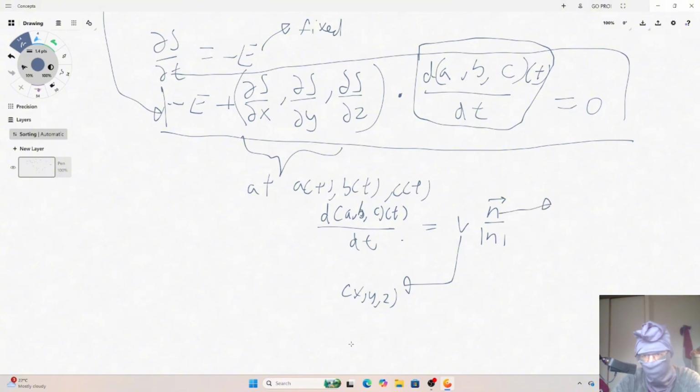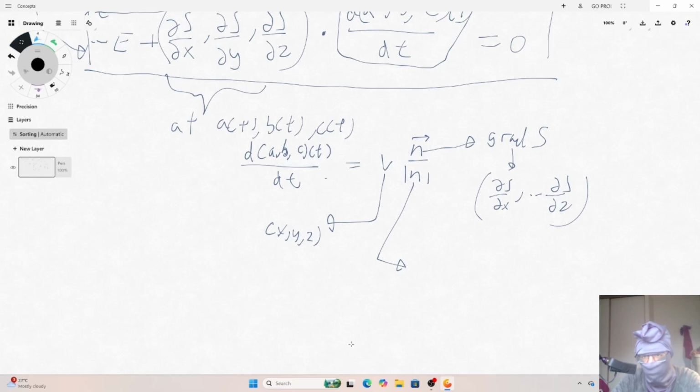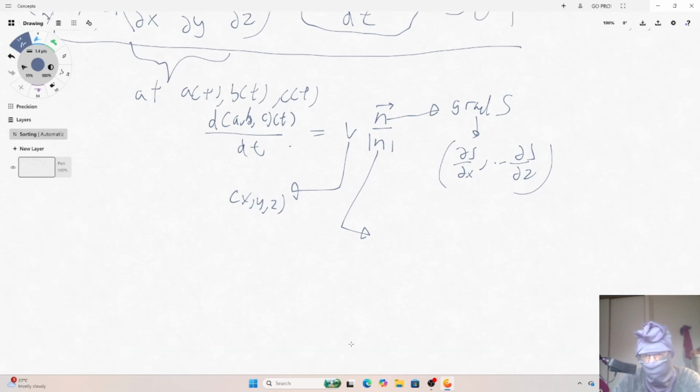This is given by the grad of S, and this is the length of the vector n. So it's simply the length. You just want to normalize the vector n.